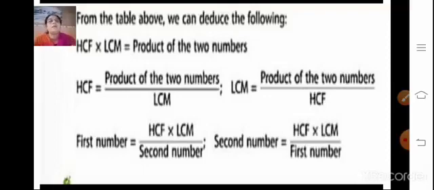And if the first number you have to find, you will multiply HCF into LCM divided by the second number. And if you have to find the second number, HCF into LCM divided by the first number. So using these formulas, you can find the HCF, LCM, first number as well as the second number.